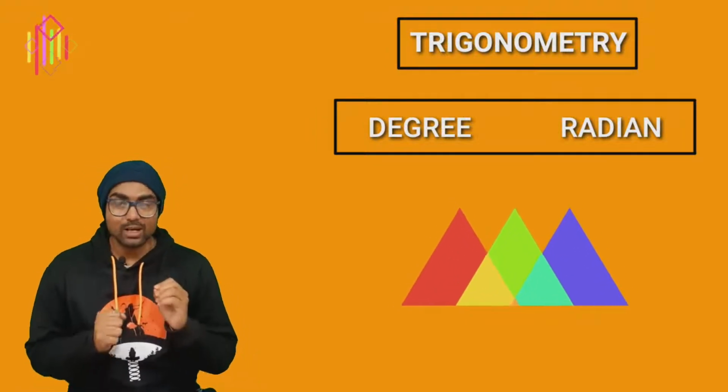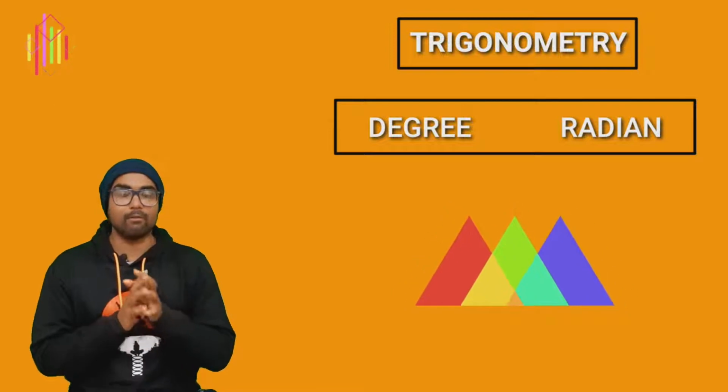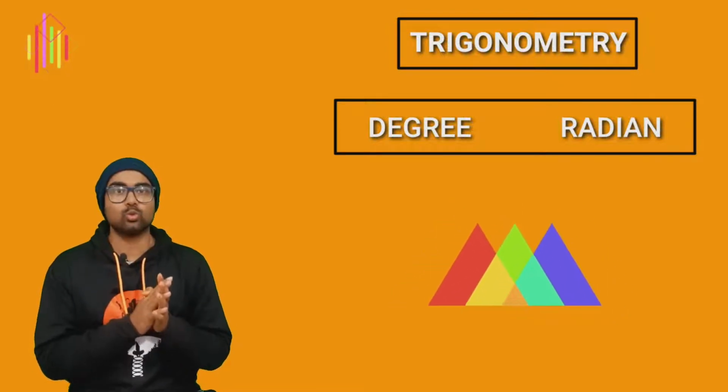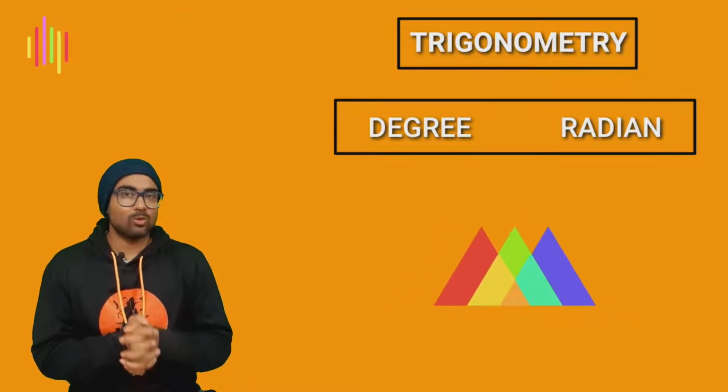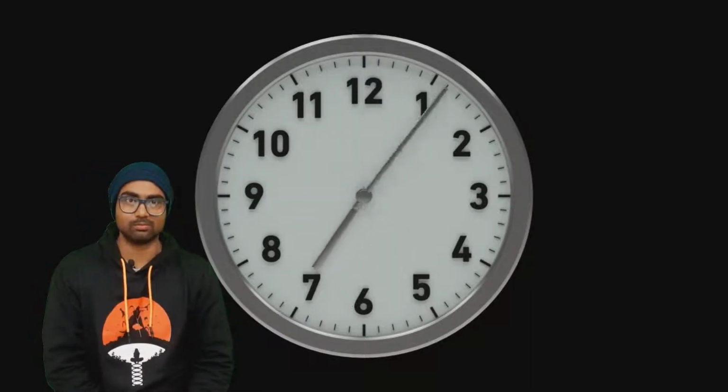So here we have to discuss what is degree and what is radian. In order to understand this concept, we will go through a real life example again. See a clock. When you are watching a clock, look at the minute hand. That minute hand is making one complete revolution in clockwise direction.